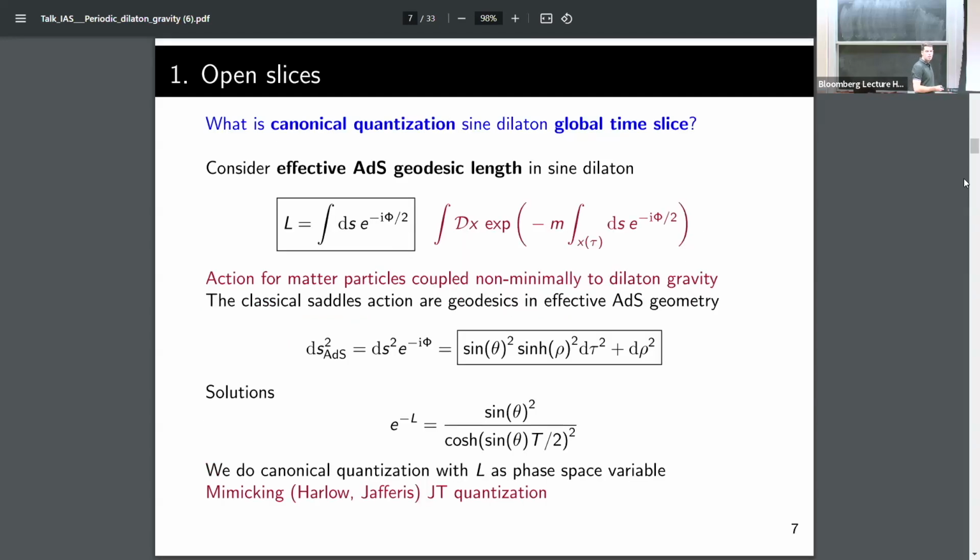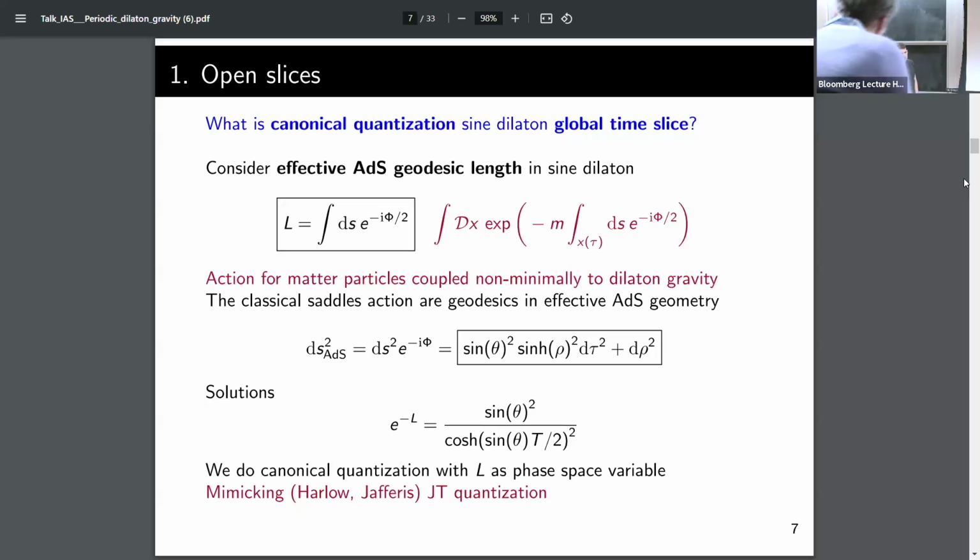You can take any metric and choose a complex coordinate transformation to get it to a standard form. Probably yes. Yeah, I think you can probably take any metric and rescale it. You said this is a geodesic; is it a geodesic in the AdS metric?